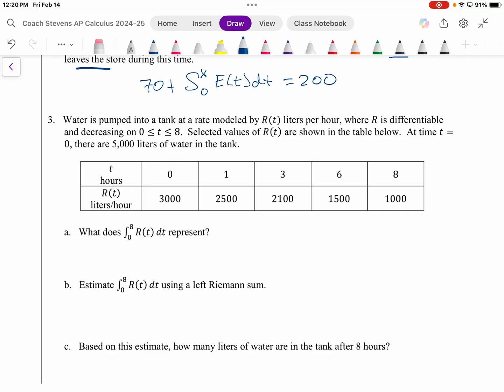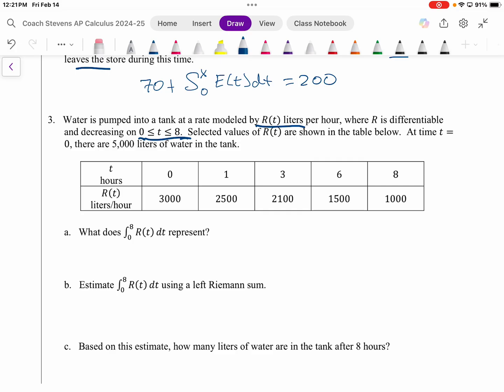Those were some of our weak points, doing tables with the Riemann sums. We did have some of those troubles a little bit in the earlier chapters. Water is pumped into a tank at a rate modeled by the function R of t, liters per hour, where R is differentiable and decreasing on 0 to 8.